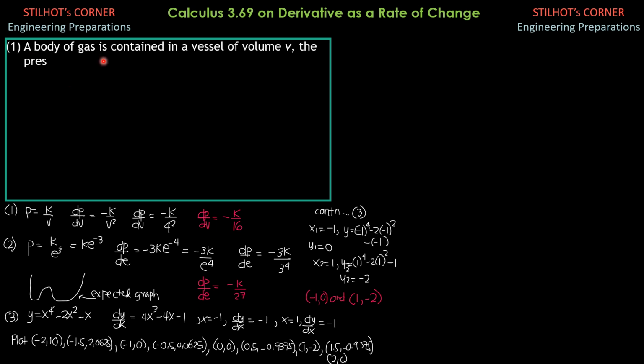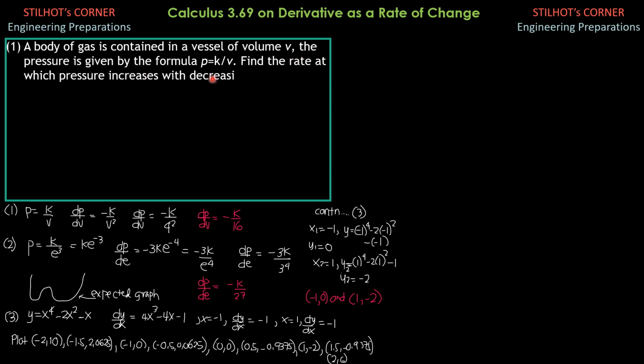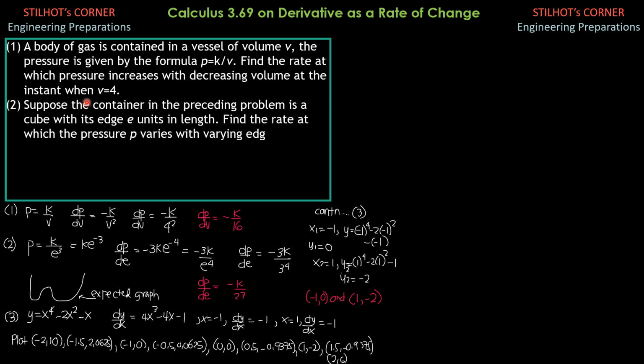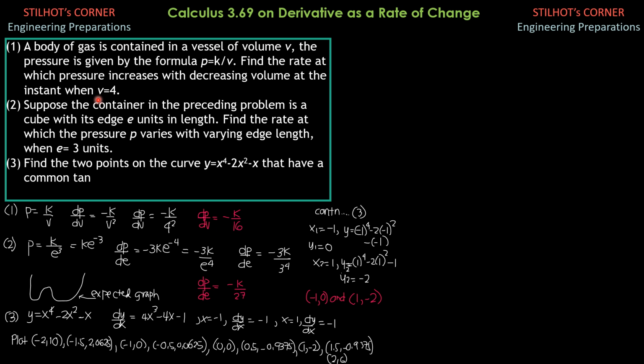A body of gas is contained in a vessel of volume V. The pressure is given by the formula pressure equals constant over volume. Find the rate at which pressure increases with decreasing volume at the instant when the volume is equal to 4 units.